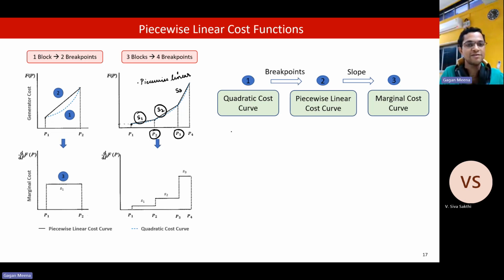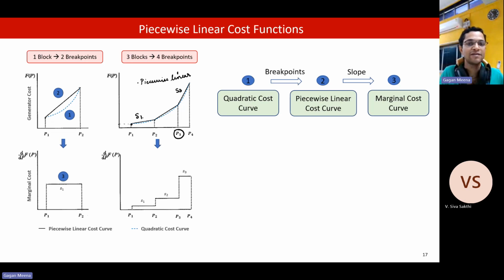We have the equation of this curve, and we are joining these 2 points. That means the function value is the same here, whether it's linear or quadratic. We can use aP squared plus bP plus c at these 2 points and calculate the values.